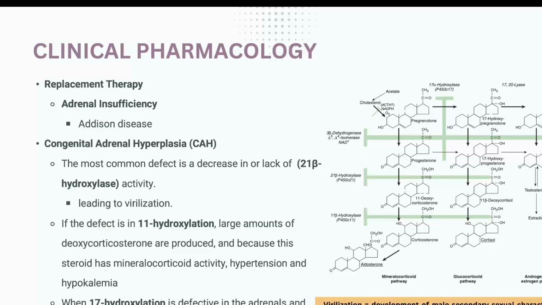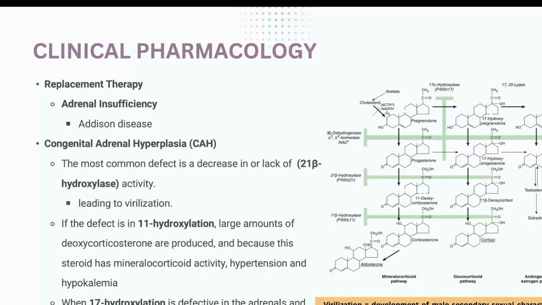When there is a deficiency or defect in the 17 hydroxylation process, which is mediated by the enzyme called 17 alpha hydroxylase, located here, it is responsible for conversion of pregnenolone to 17 alpha hydroxypregnenolone.